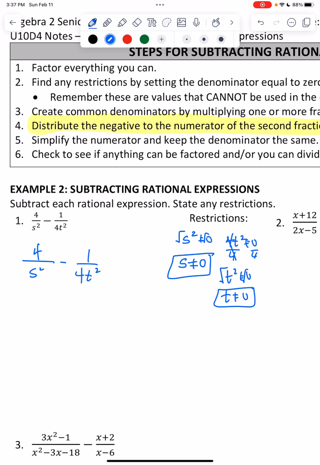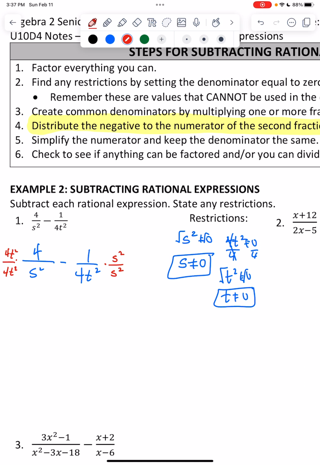okay, common denominator again. If we look, the first fraction is missing a 4t squared. So we've got to multiply this by 4t squared over 4t squared. The second fraction is missing an s squared. Okay?